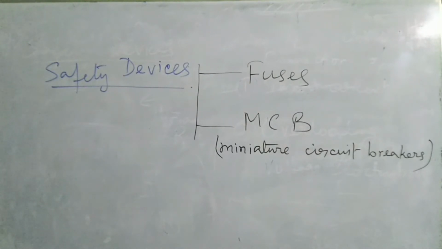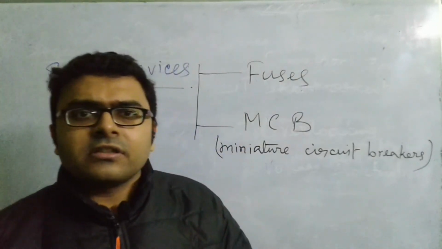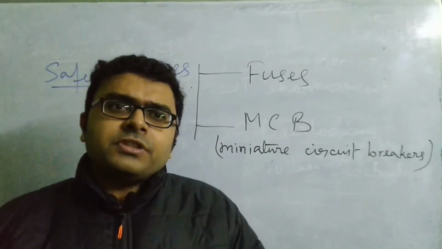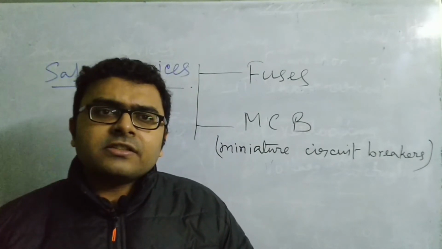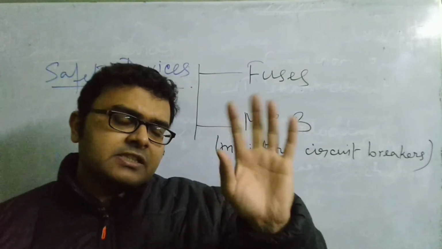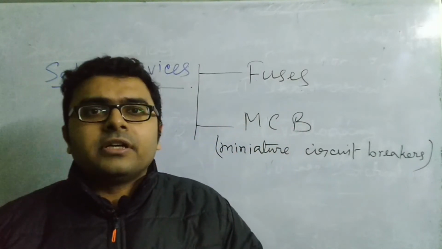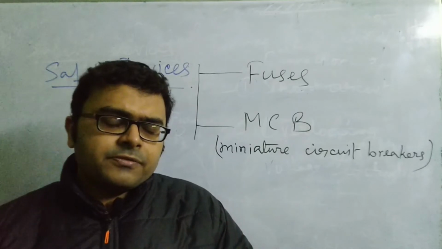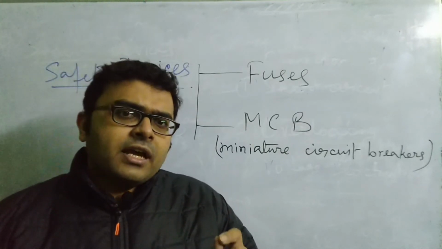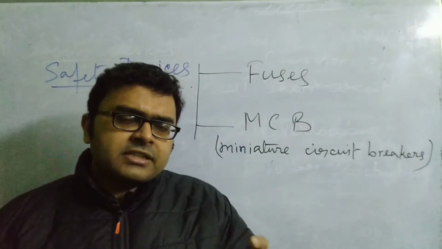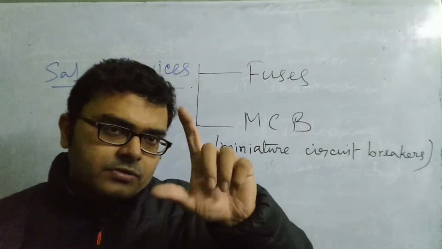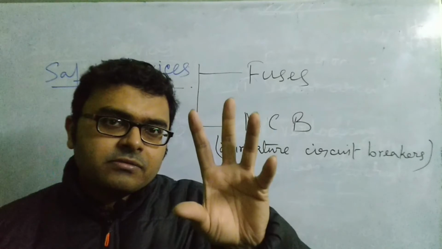I think everybody has seen the fuses that are used in our homes, isn't it? If you get any chance to see inside the main switch, if your father opens the main switch, please see that there are two large white colored things present inside.